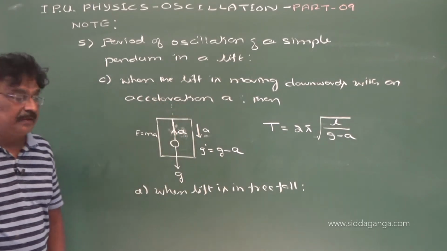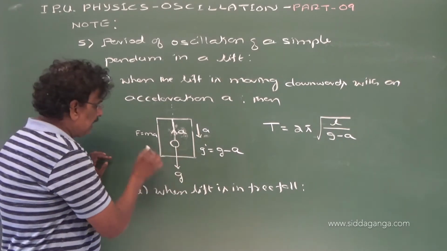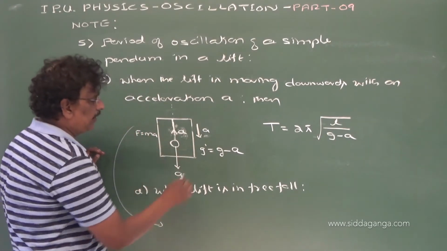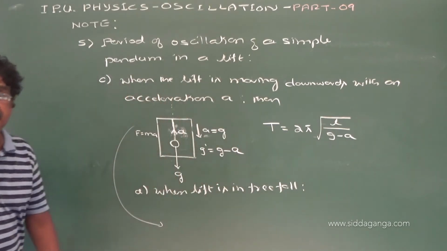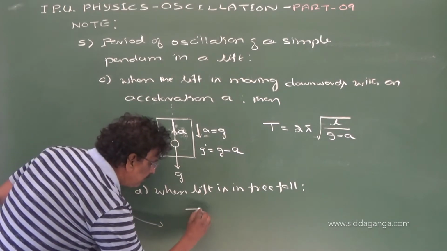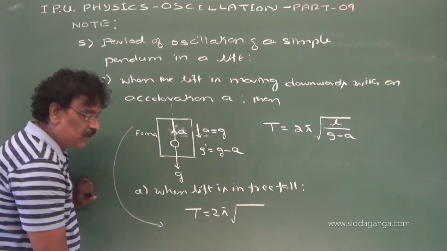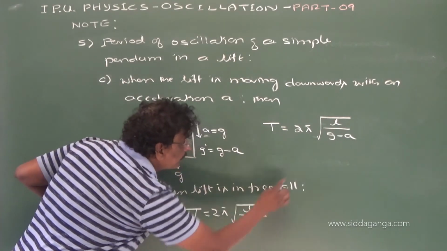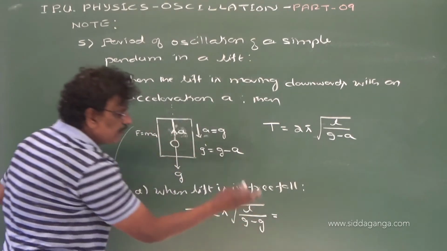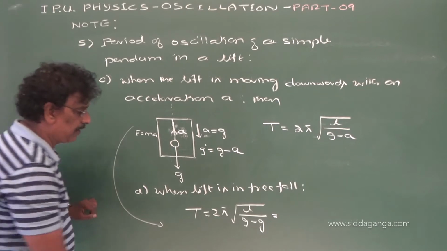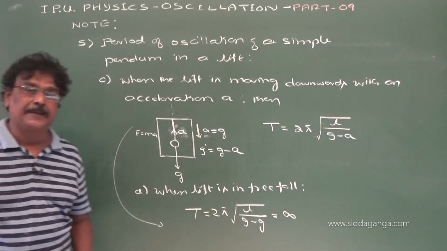When the lift is in free fall, it starts moving with an acceleration which is equal to g. Now the time period T is equal to 2 pi into square root of L by g minus g. g minus g is equal to 0. Now the time period becomes infinity.